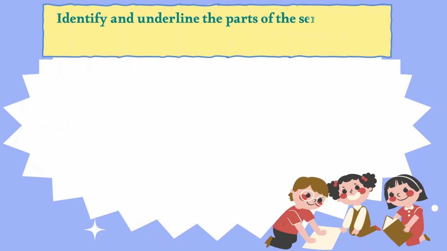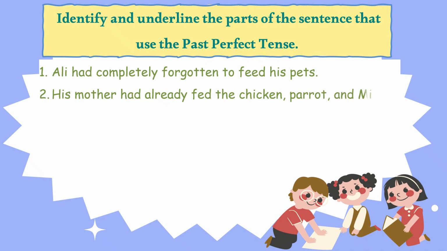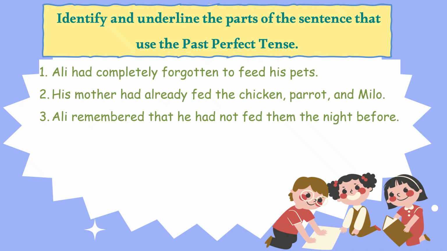It's a very interesting exercise. Identify and underline the parts of the sentence that use the past perfect tense. Ali had completely forgotten to feed his pets. His mother had already fed the chicken, parrot, and Milo. Ali remembered that he had not fed them the night before.